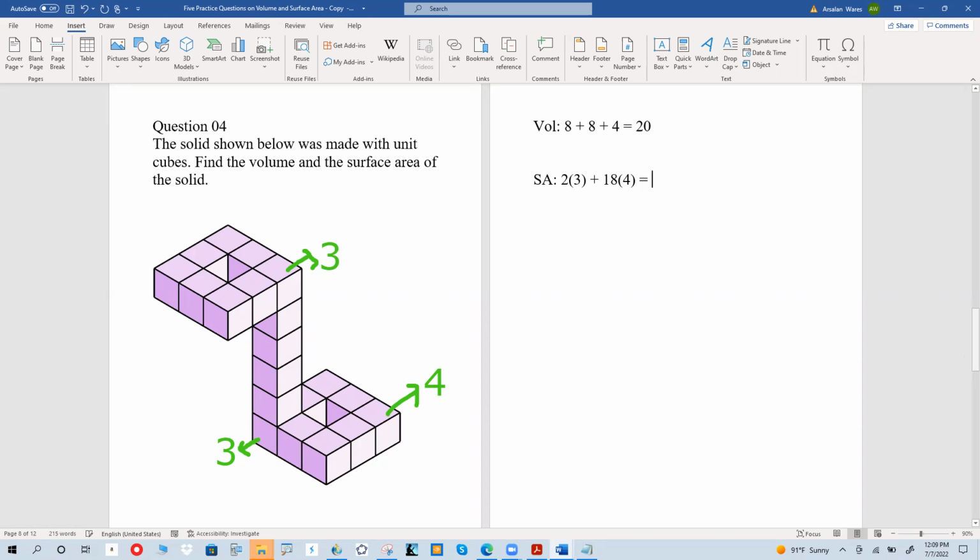That's where 18 is coming from, and 4 coming from 4 exposed faces. And 2 times 3 is 6. 18 times 4 is 72, if I'm not mistaken. And that's 78 unit squares. That's the answer. Now, another thing to note, guys, 18 and 2 is 20.